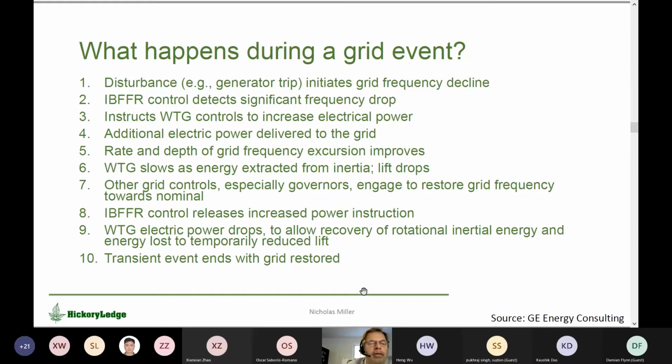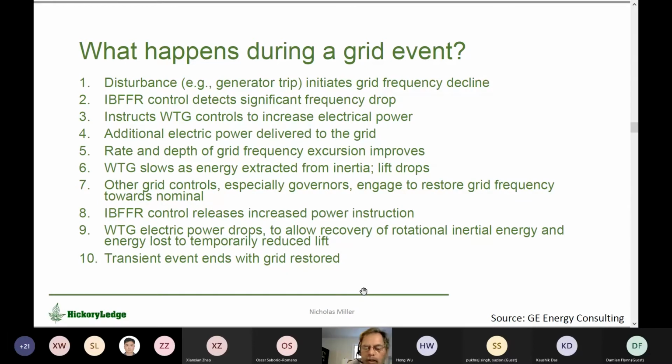All right. So after a while, the synthetic inertia, the IBFFR, has to stop asking for power and let the wind turbine recover.